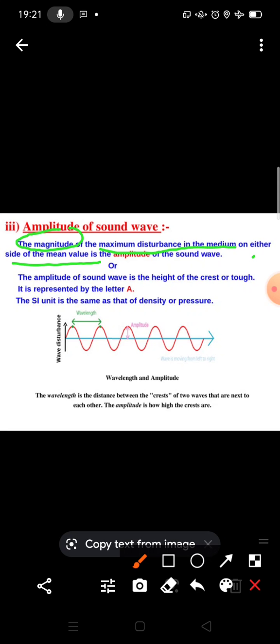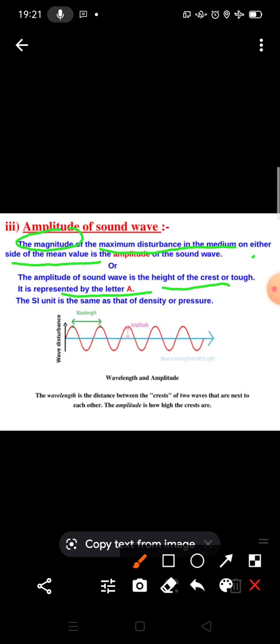The amplitude of the sound wave is the height of the crest or the trough, and it is represented by the capital A. So the term amplitude is represented by the distance of the maximum displacement from its mean position, from its starting position.